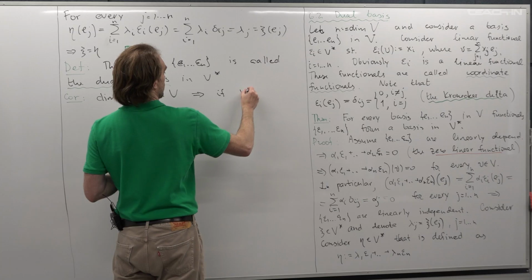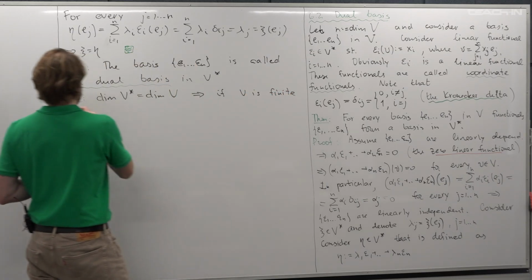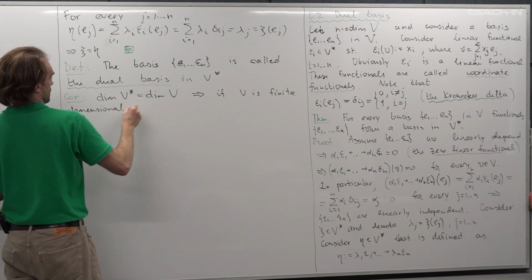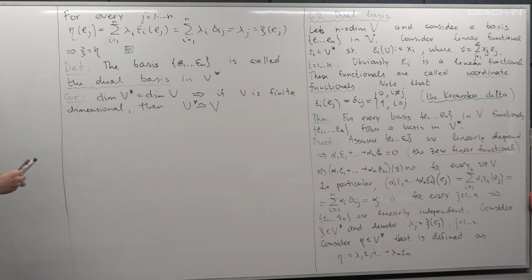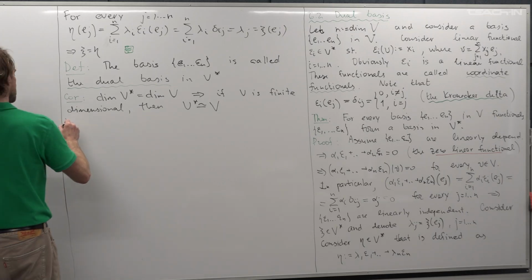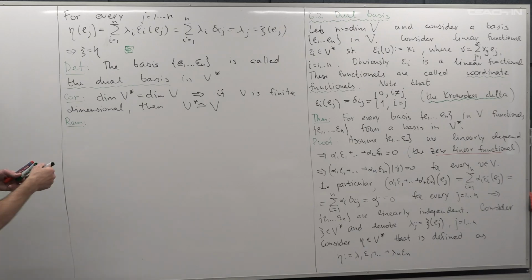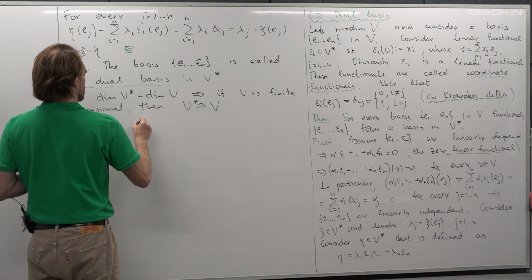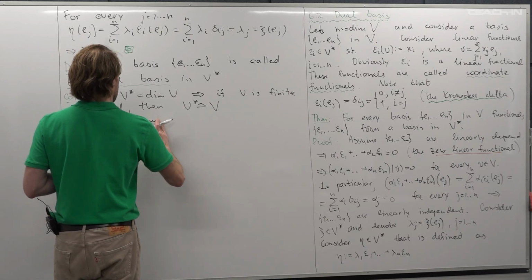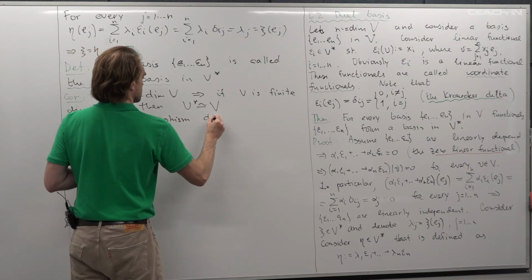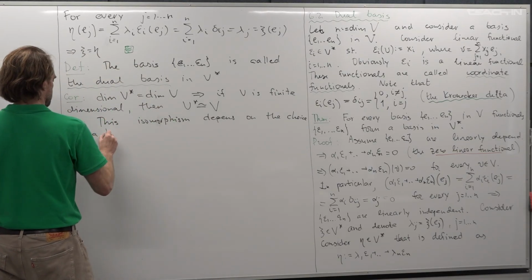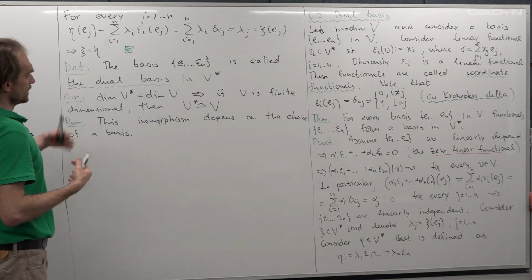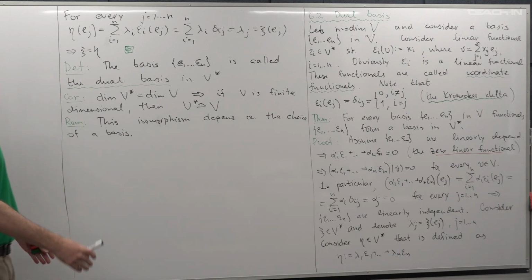and that's why if V is finite dimensional, then the dual space is isomorphic to V. But I need to make a remark that this isomorphism depends on the choice of a basis, because the existence of this isomorphism follows from the fact that the number of vectors in a basis in the second space is exactly the same as the number of vectors in the first space.